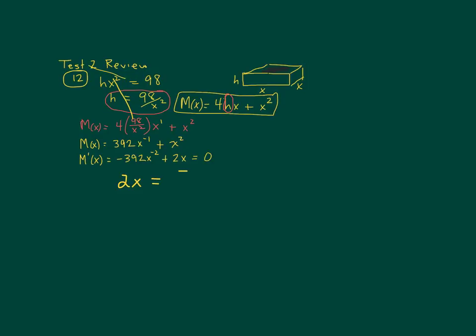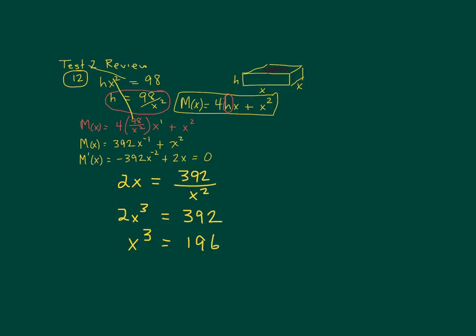So 2x is equal to 392 over x squared. And again, all I did was add 392 over x squared to both sides of that equation. And if we multiply both sides by x squared, we would get 2x cubed equals 392. So x cubed would be equal to 196.